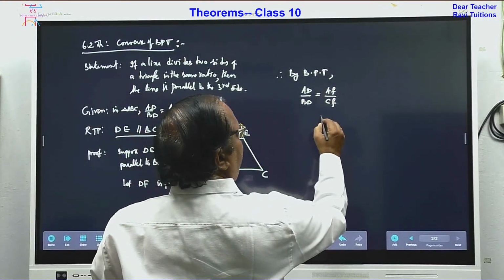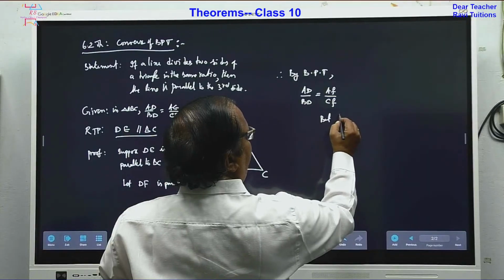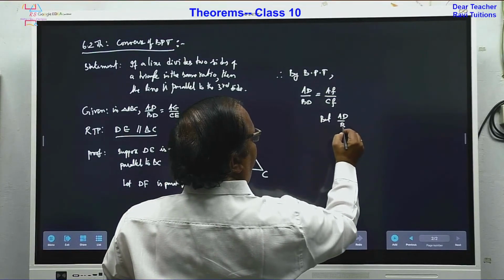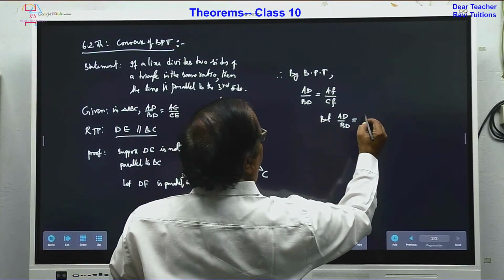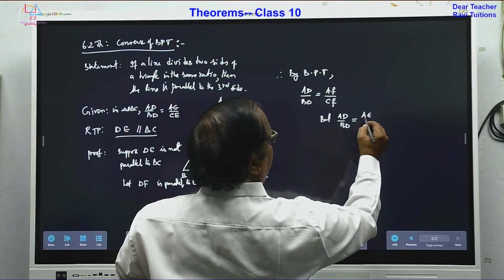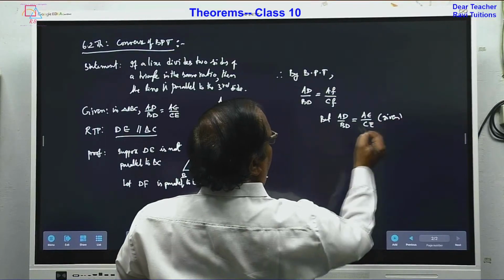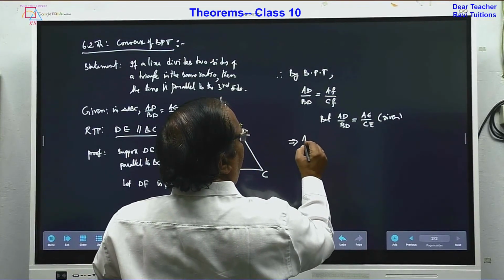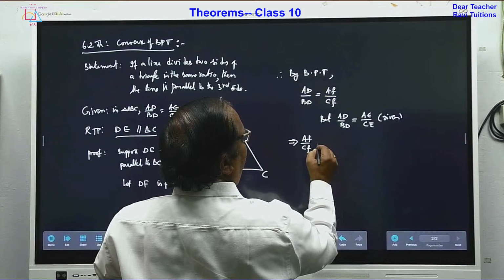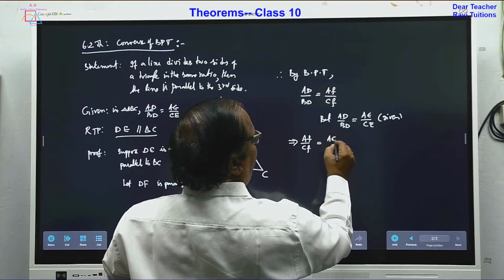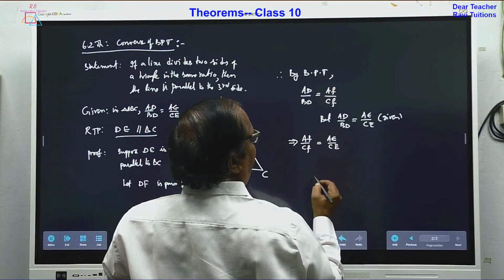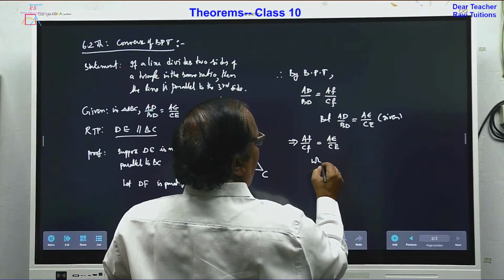But given AD by BD is equal to AE by CE. So that implies AF by CF is equal to AE by CE, which is impossible.